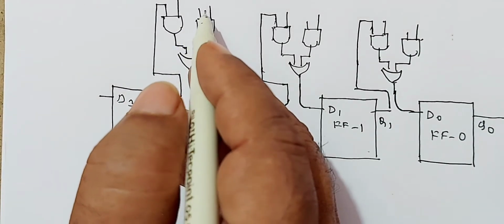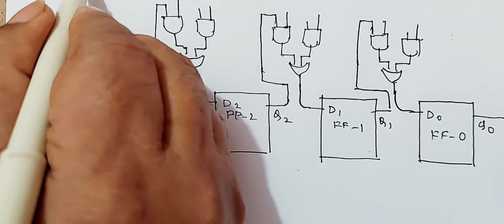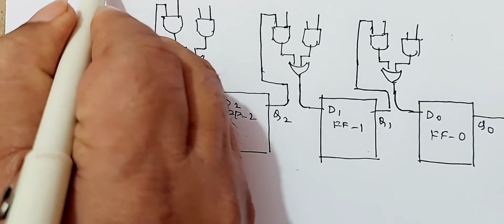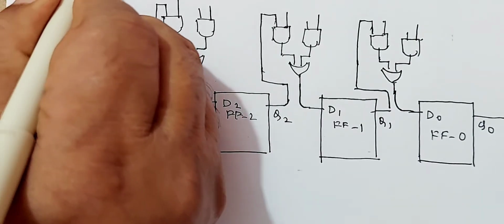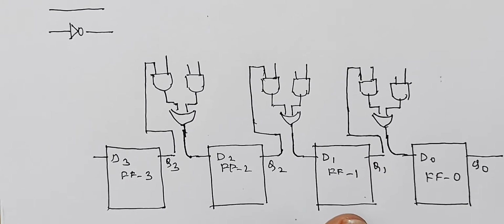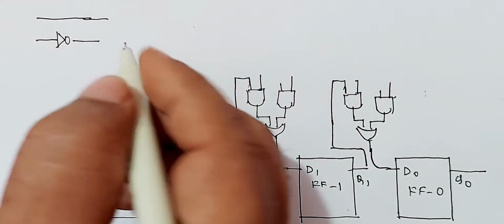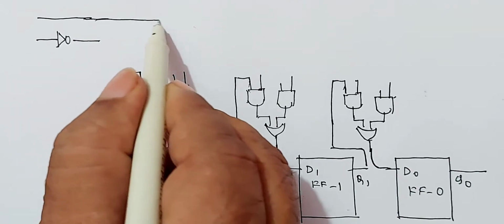Now I will consider two lines. One is a complementary line, another is an uncomplementary line. This is the uncomplementary line.